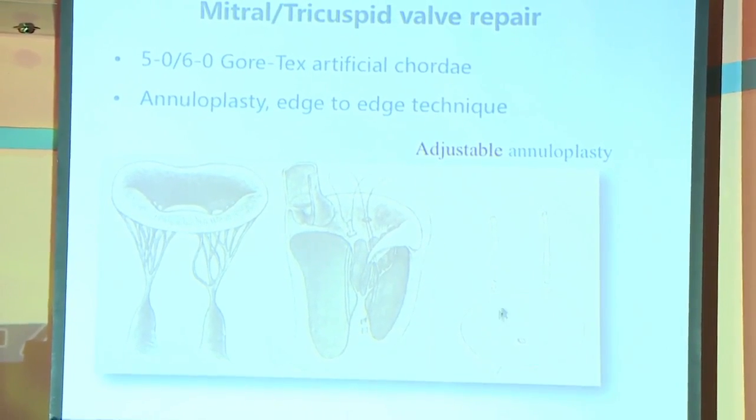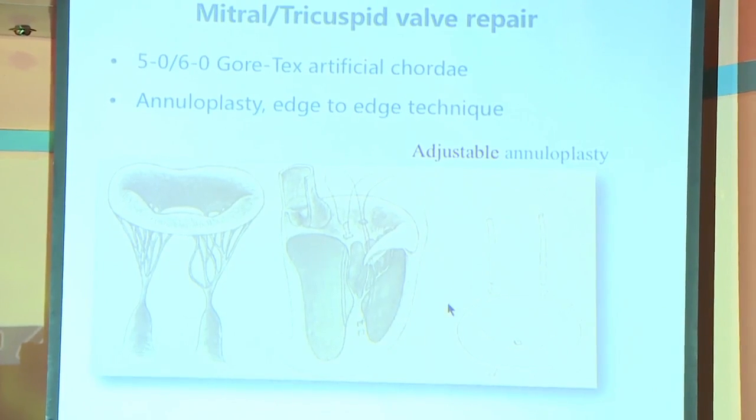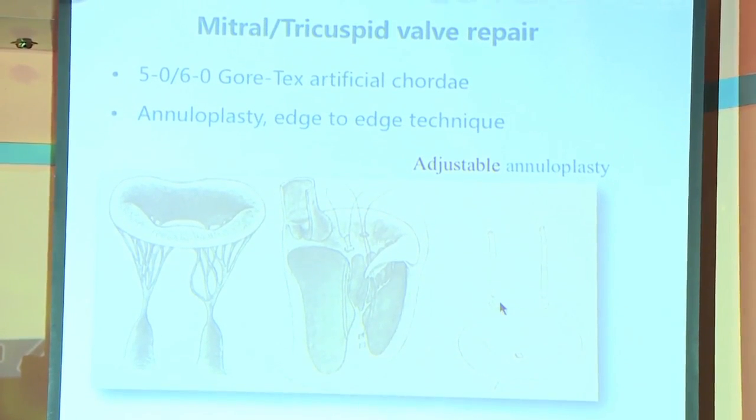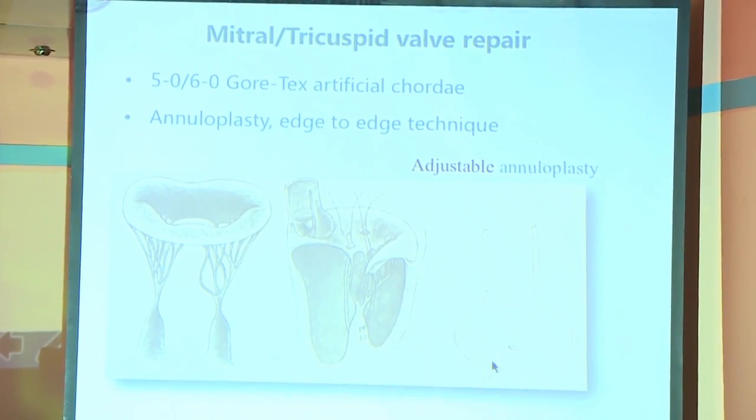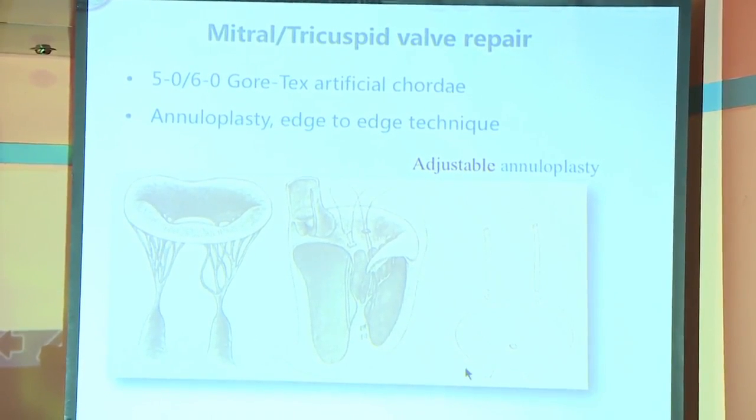Another commonly used technique is annuloplasty, and I made a simple modification, which we call adjustable annuloplasty. When we do the saline test, we use a tourniquet to tighten the loop until full valve competency is achieved, and then we stop there. We never sacrifice the orifice area of the mitral or tricuspid valve.